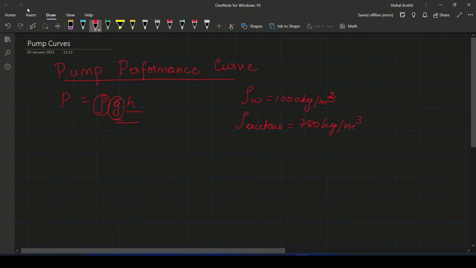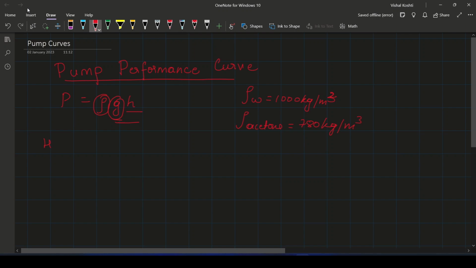The manufacturer doesn't know what kind of working fluid is used by the consumer or the industry where it is installed. So hence the pressure in terms of Pascal or Newton per meter square is not specified.